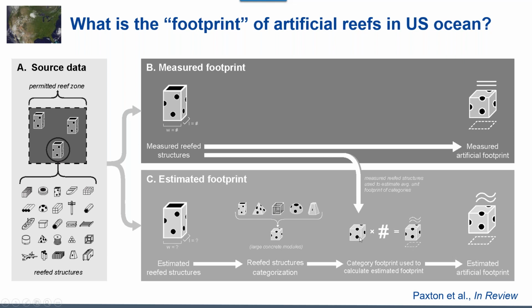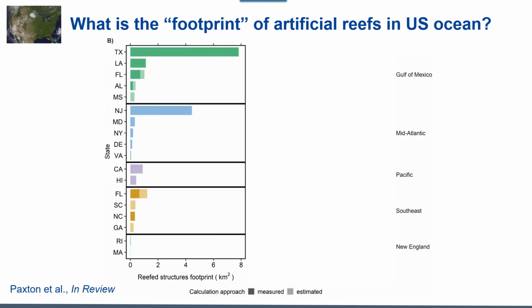We were then able to take from our measured footprint the average unit footprint, multiply it by the number of our large concrete modules, and come up with our estimated footprint. So phrased more simply, we had our measured footprints, and then we had our estimated approaches that were based on a categorization scheme. And what did we find?